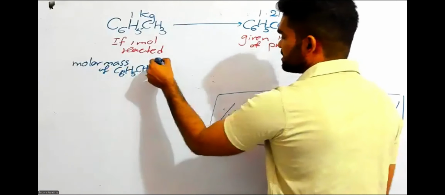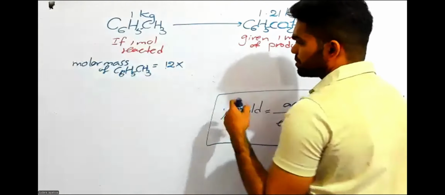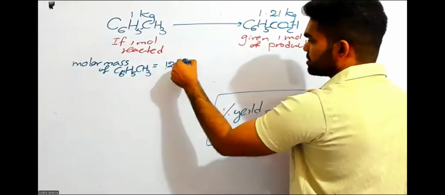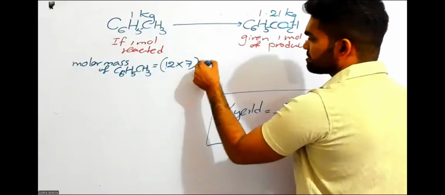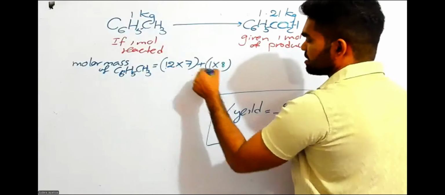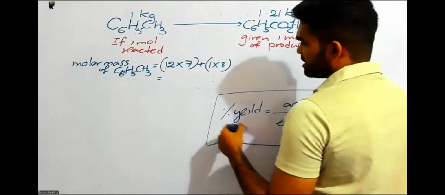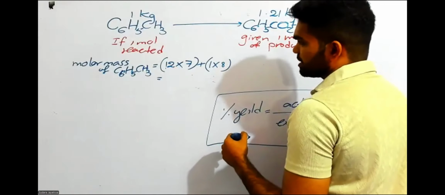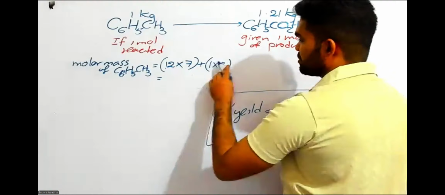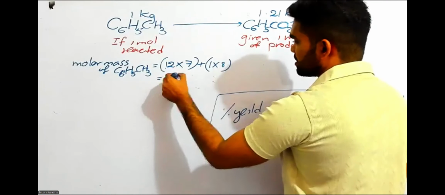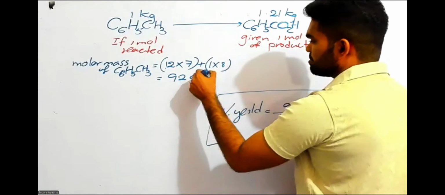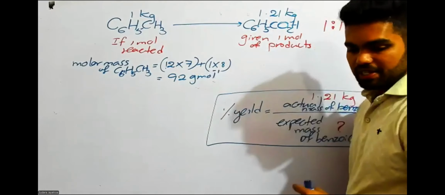Just add the relative atomic masses: 12 into 7 plus 1 into 8, 84 plus 8, 92 grams per mole.